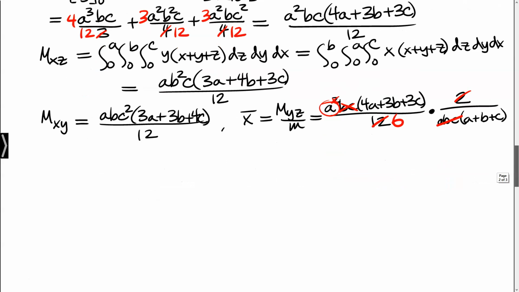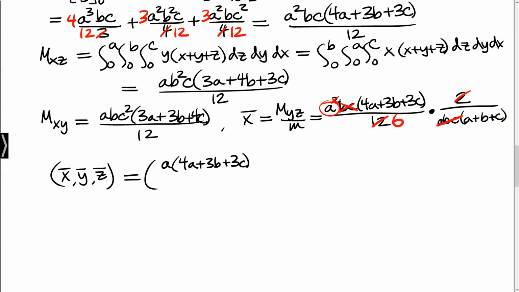All right, so I think we can write down now the center of mass. So X bar, Y bar, Z bar is going to be equal to A, 4A plus 3B plus 3C all over 6 A plus B plus C, comma. Now, just realize that for the X bar, it was A that had the special role.